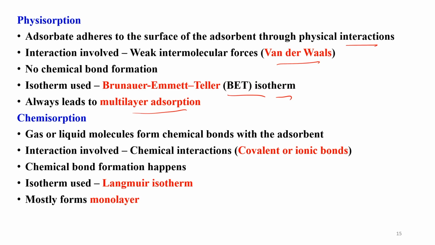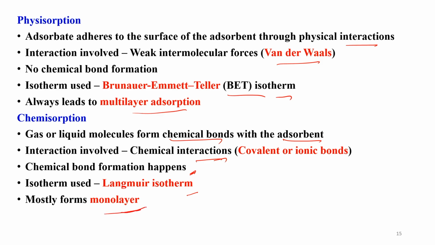In the case of chemical adsorption, there is formation of a chemical bond with the adsorbent, and it involves chemical interaction. It may be covalent, it may be ionic interactions, and there are different isotherms which explain this process, like the Langmuir isotherm.